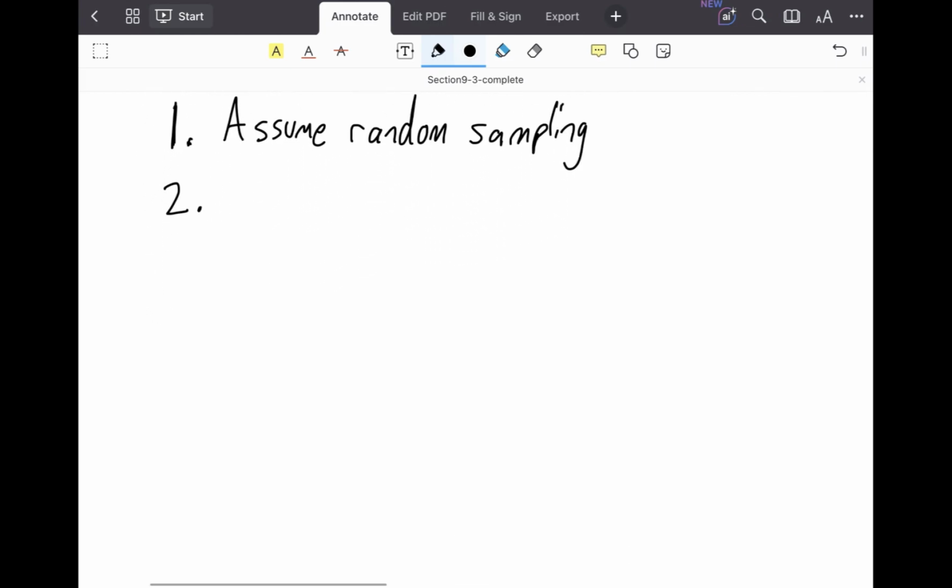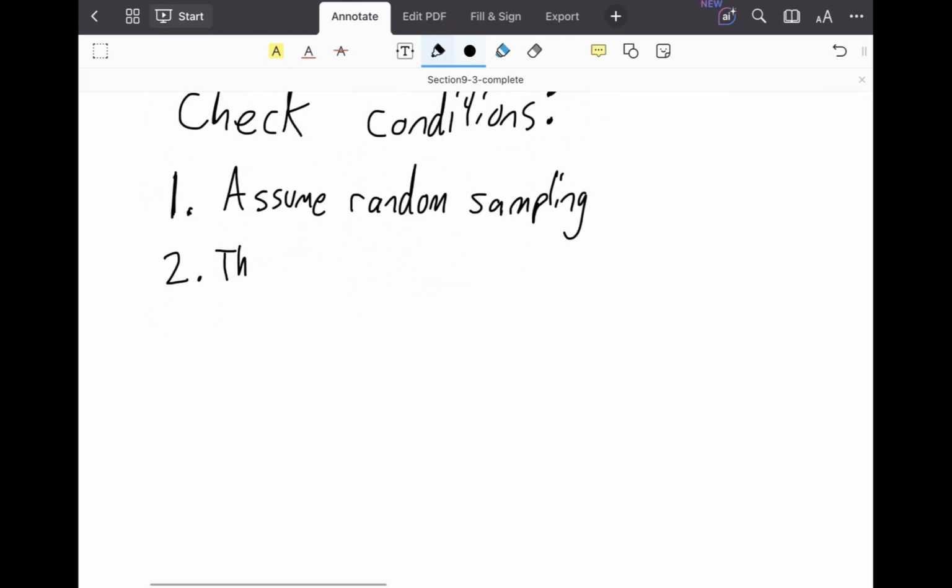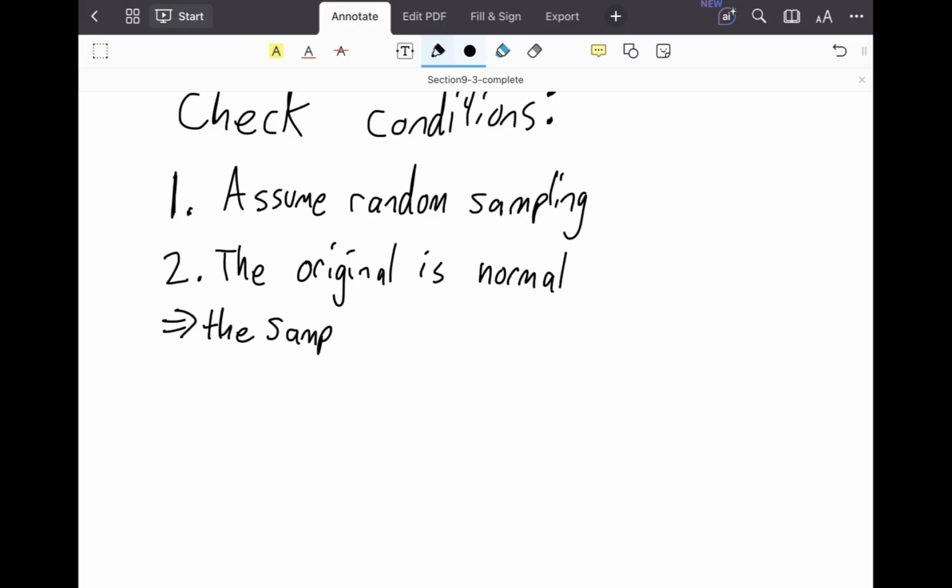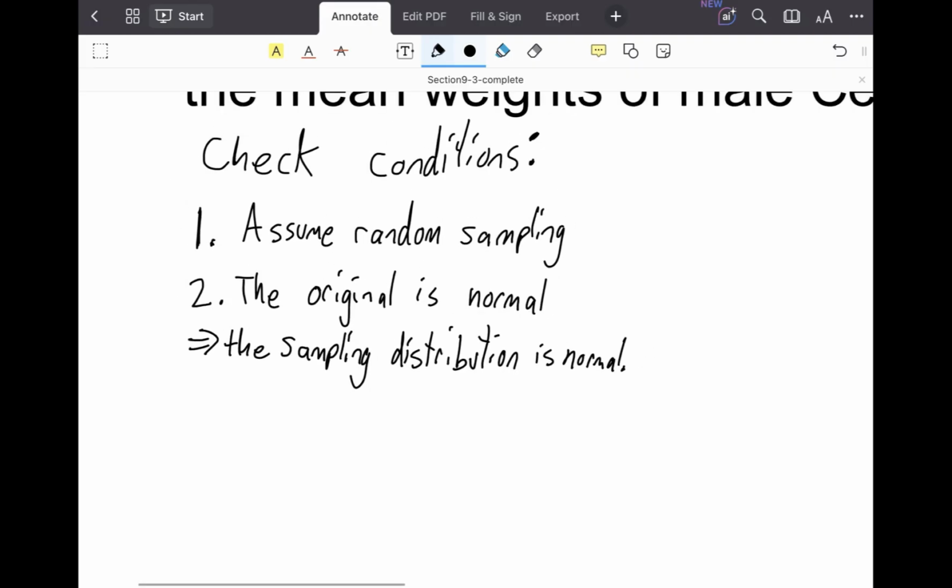So we can say for this condition, the original distribution is normal, and therefore the sampling distribution is also normal, which is good.